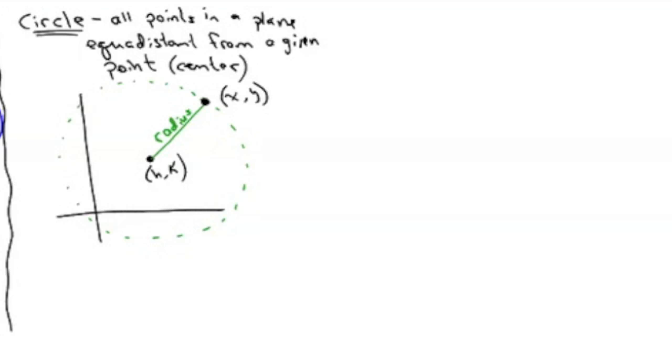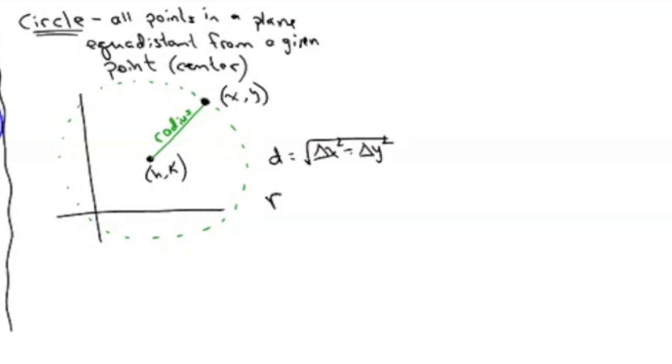So, by definition, all these x, y's must be the same distance, radius-wise, away from HK. That sounds like we need to use the distance formula. Distance is equal to the square root of change in x squared plus change in y squared. But we've called the distance between HK and xy the radius, so I'm just going to call this r.